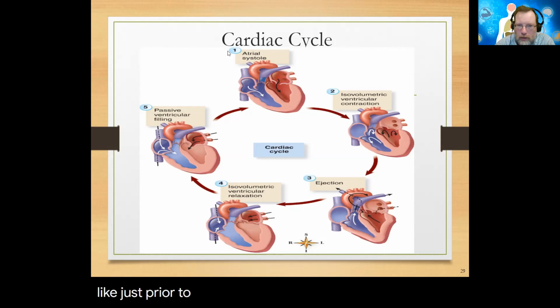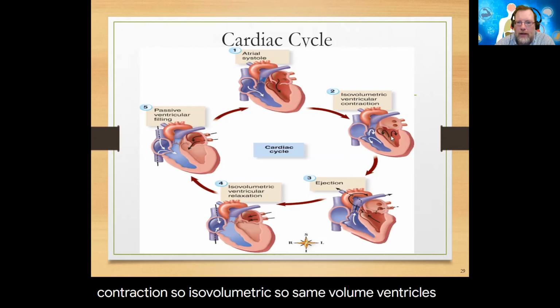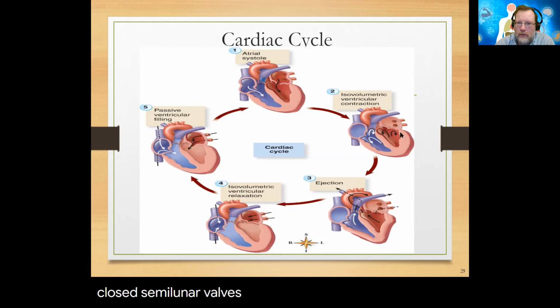P wave would be just prior to 1. Okay, and then we have isovolumetric contraction. So isovolumetric, same volume, ventricles contract. So this is that QRS area. Okay, so we see the AV valves close, semilunar valves are closed.